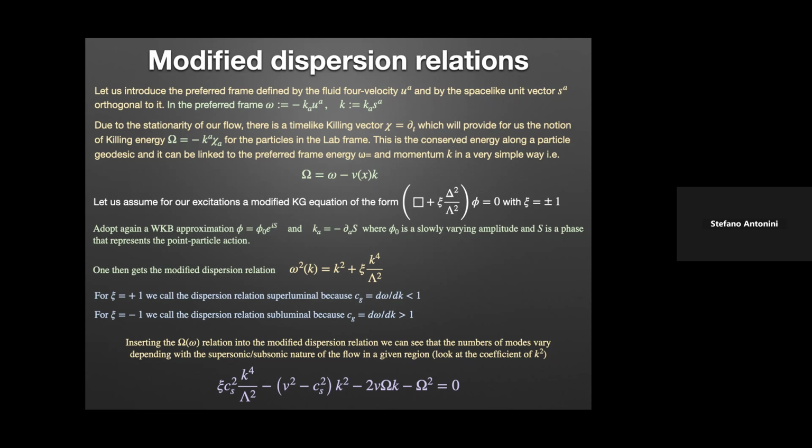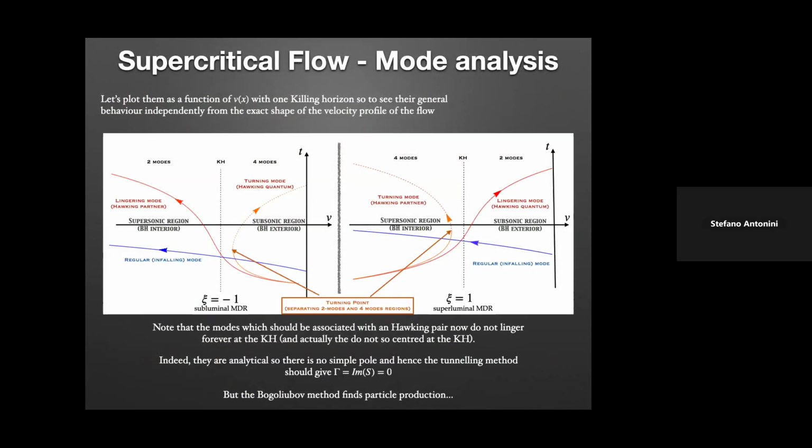And now you have an equation just in k and capital Omega, which is a constant, because for each ray it is the conserved quantity along the trajectory. This allows you to do ray tracing. You can see what the modes propagating in your spacetime are. And this is what is happening.